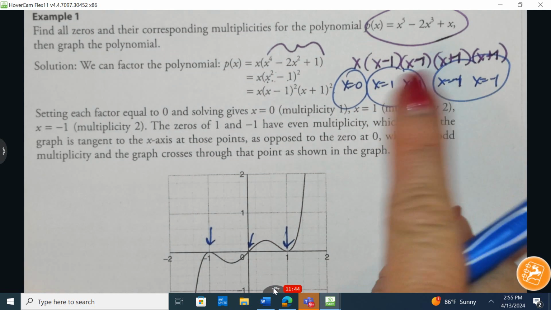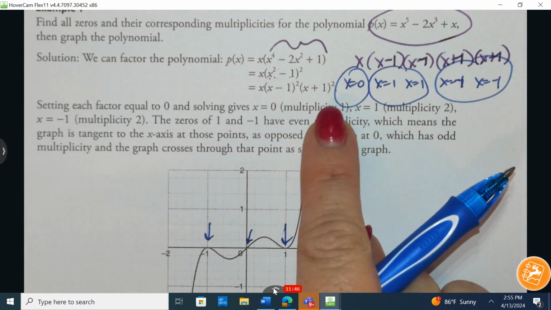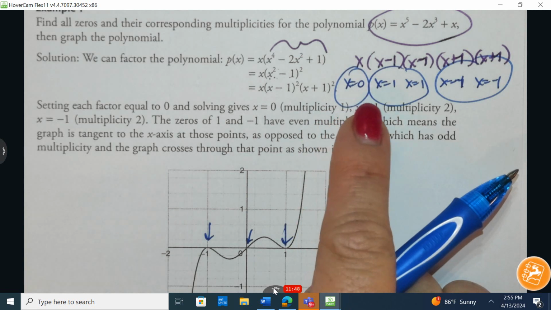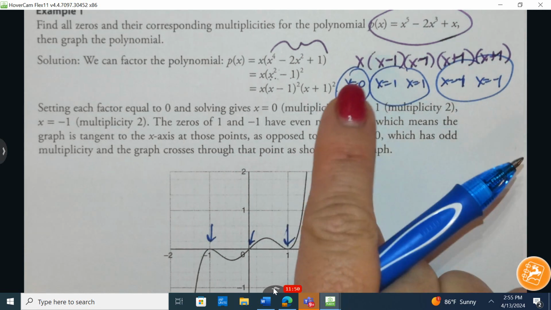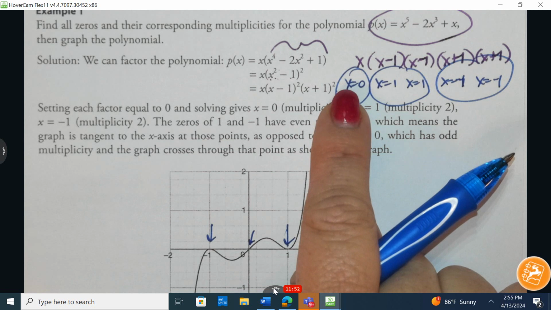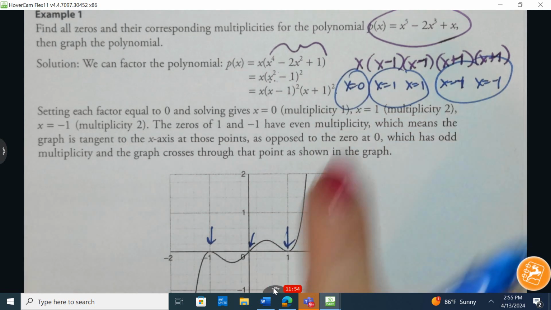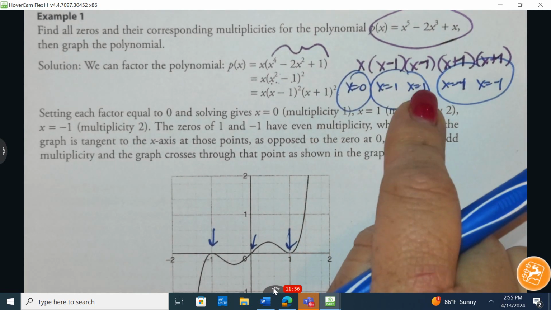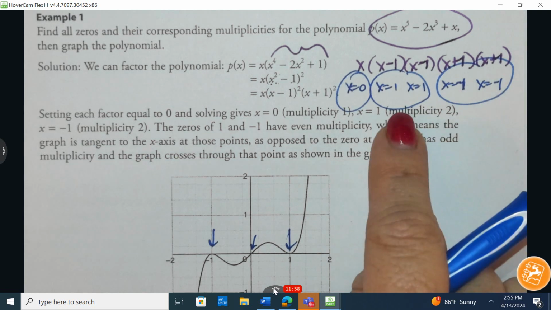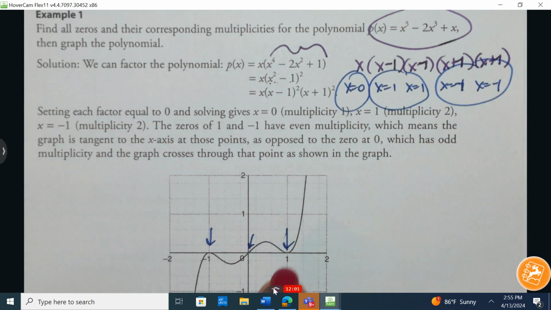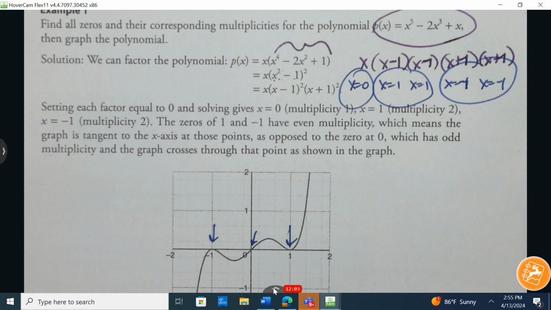Now, this relates to multiplicities. How many times you see that zero repeated tells you the multiplicity. This has a single multiplicity because there's only one zero of x equals 0. This we can see is written twice, so we say it has a multiplicity of 2 because it's there twice. This also has a multiplicity of 2 because it's there twice.